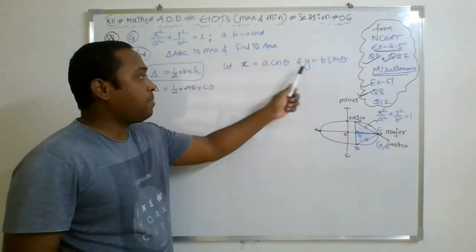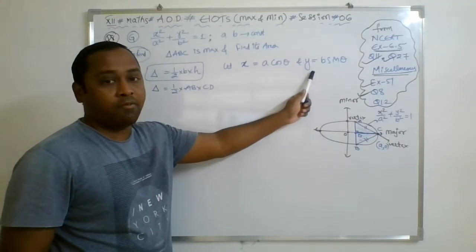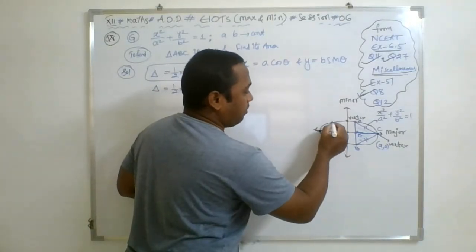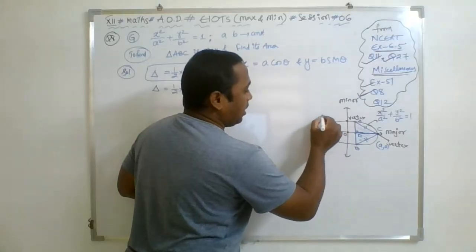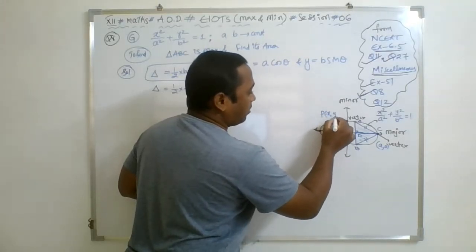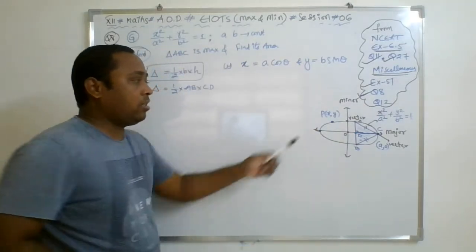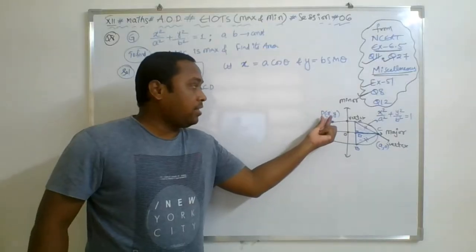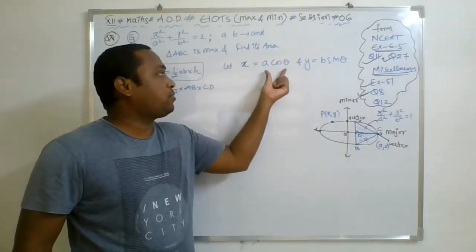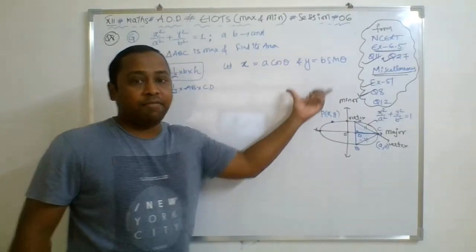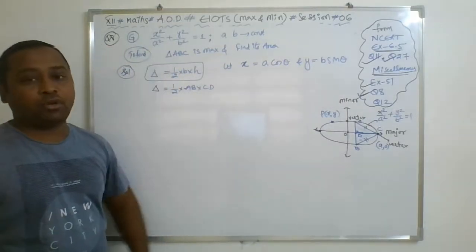Because if I take x comma y as a point anywhere on the ellipse, let us say P is a point with coordinates minus x comma y, because it's in the second quadrant, nothing else. So if I substitute x as a cos theta and y as b sin theta, it definitely satisfies the ellipse equation.